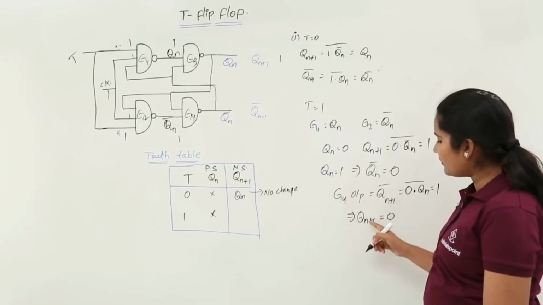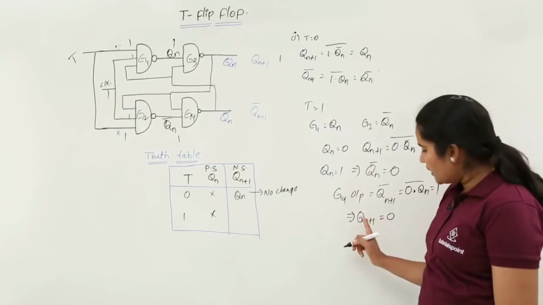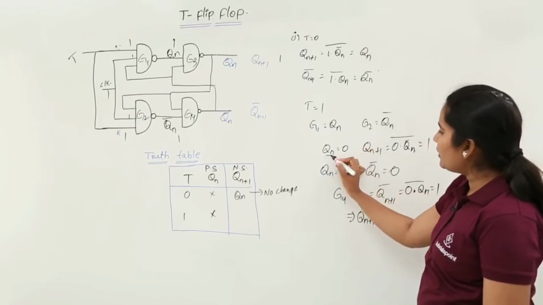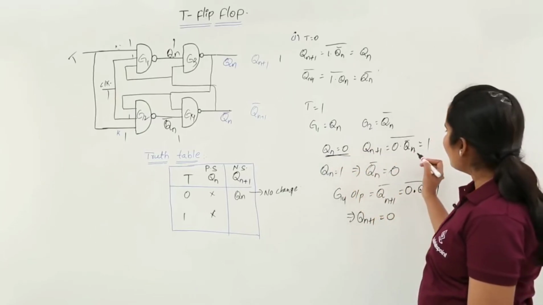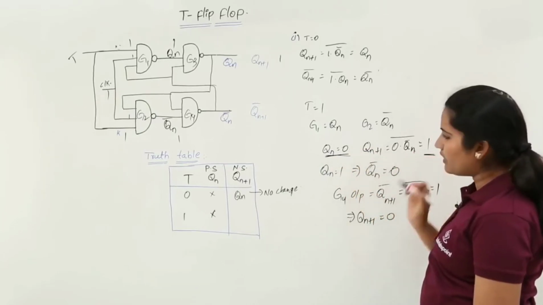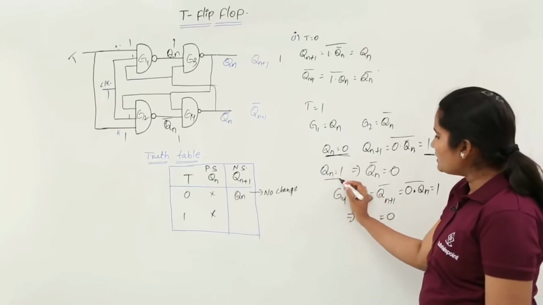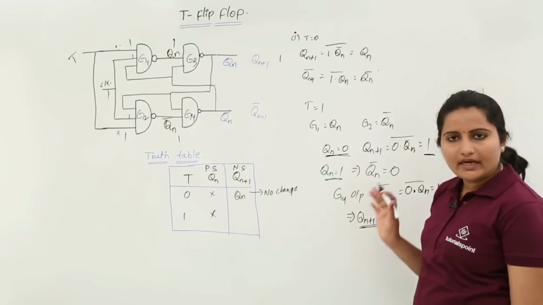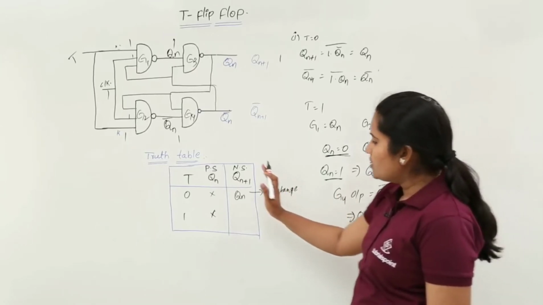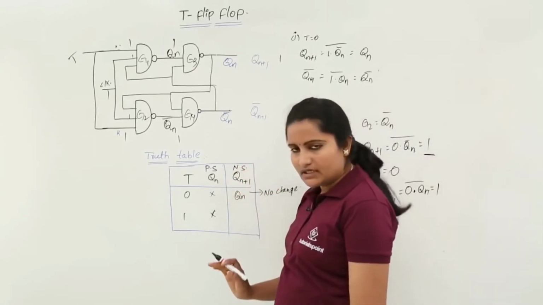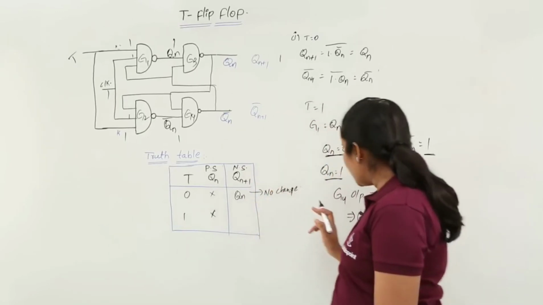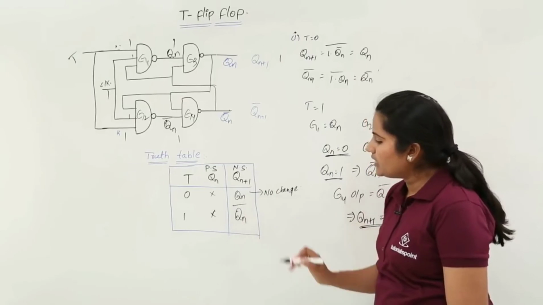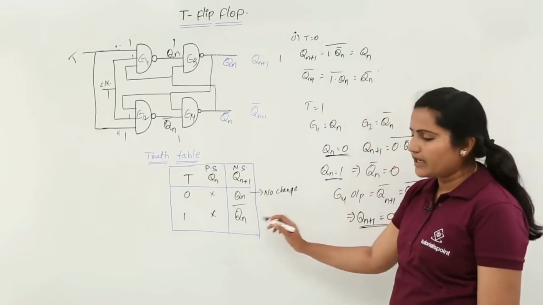You can observe these two cases: when Qn is equivalent to 0 you are getting Qn plus 1 as 1. When Qn is equal to 1 you are getting Qn plus 1 as 0, complement of that. So whatever Qn plus 1 is there, you are getting complement of Qn. So here I am writing like this.